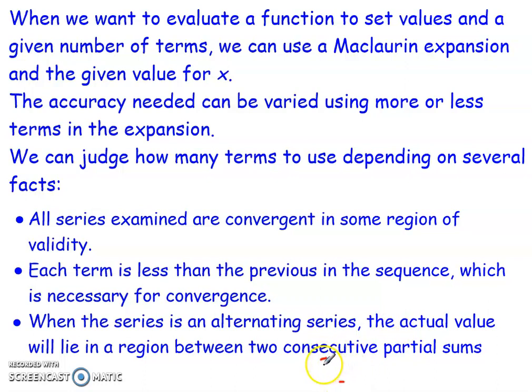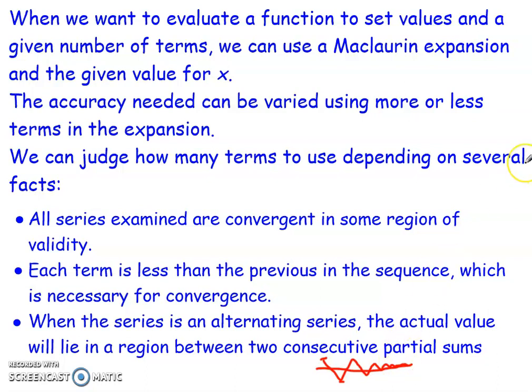If we had an alternating series going up and down, eventually, for the given value of x, it would alternate up and down until it became almost flat and converged to some value within the middle of those two consecutive partial sums. They would get closer and closer, so the difference would eventually become infinitely small.